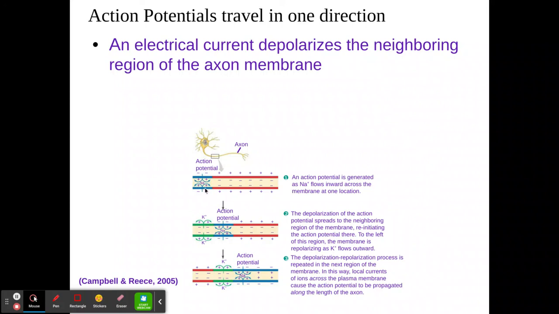And the action potential is going to go unidirectionally down the axon. But why does it only go down in one direction? It's because during this refractory period, which is symbolized by this green, this membrane cannot be depolarized again during that time. So because of that, the action potential only propagates in one direction down the axon.